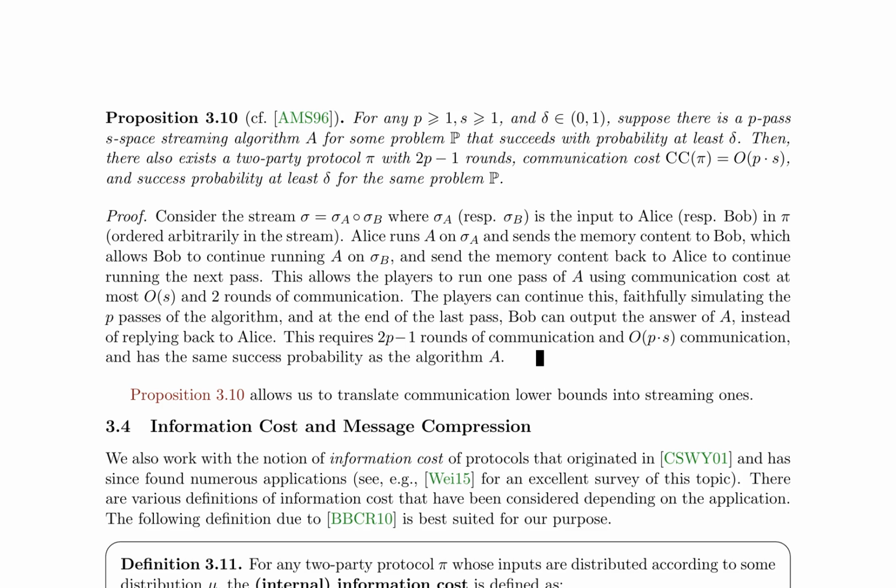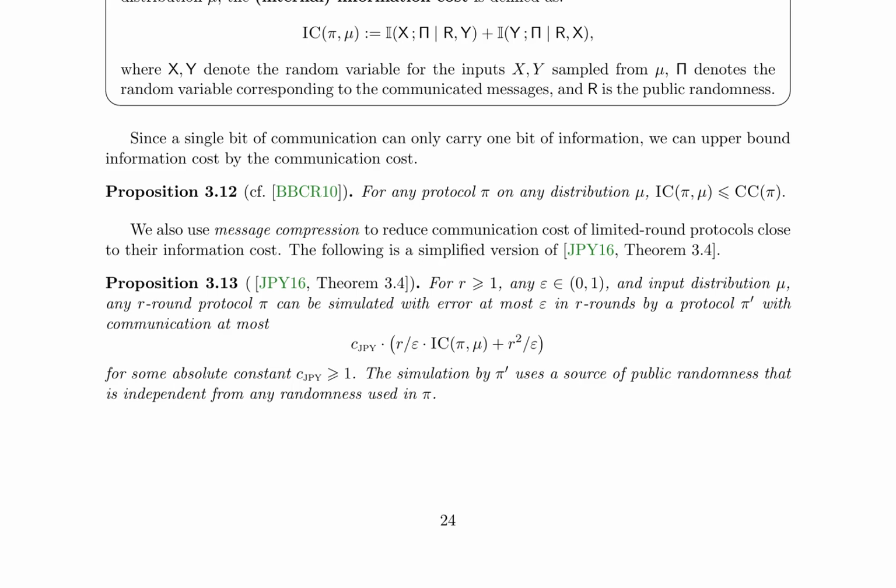Additionally, the paper discusses message compression techniques to reduce the communication cost of limited round protocols close to their information cost. This is achieved through a simplified version of JPY16, Theorem 3.4, which allows for simulating any round protocol pi with error at most epsilon in rounds by a protocol pi, with communication at most C(JPR, epsilon) IC(pi, mu), plus R^2, epsilon.